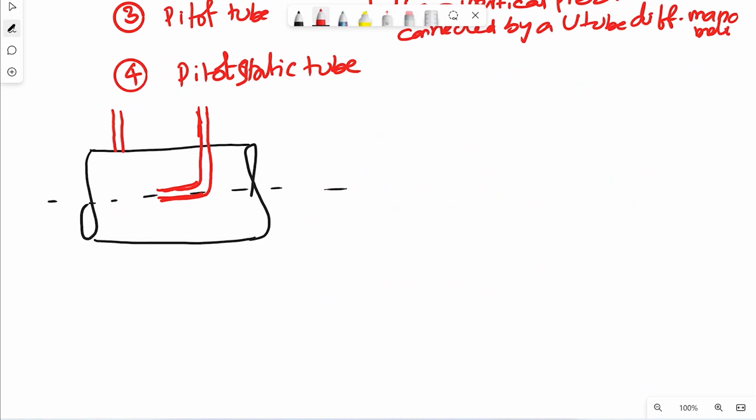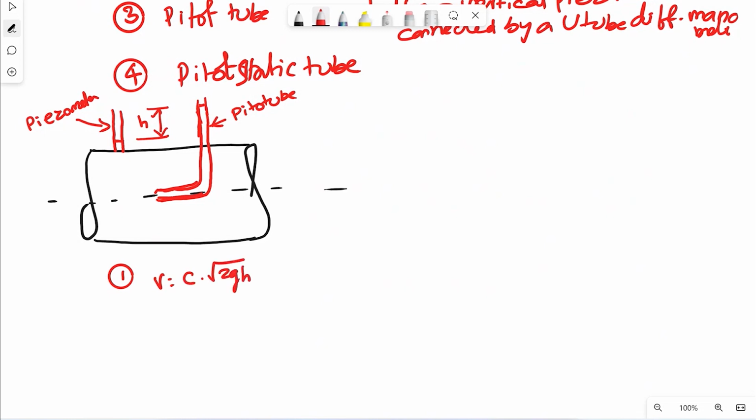Because of the static pressure here it will rise up to here, and because the velocity is reduced to zero here, the pressure is increased. So measure these two levels. This is what we call H. This is the pitot tube, this is the piezometer. Measure the difference between these two and find V is equal to C root 2gH. This is the first principle.